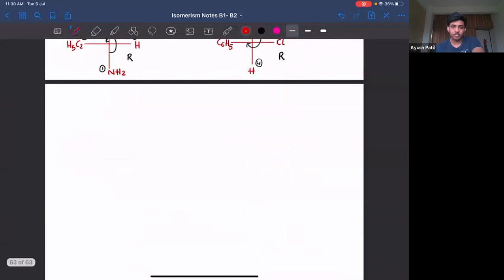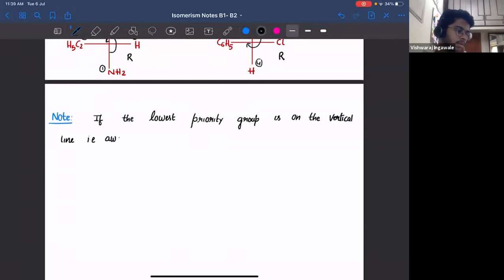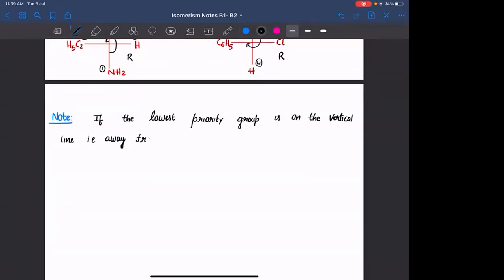Let's write a point here because you will forget it later. Note: if the lowest priority group is on the vertical line, then what will happen? If it is on the vertical line, I can say it is away from the observer.